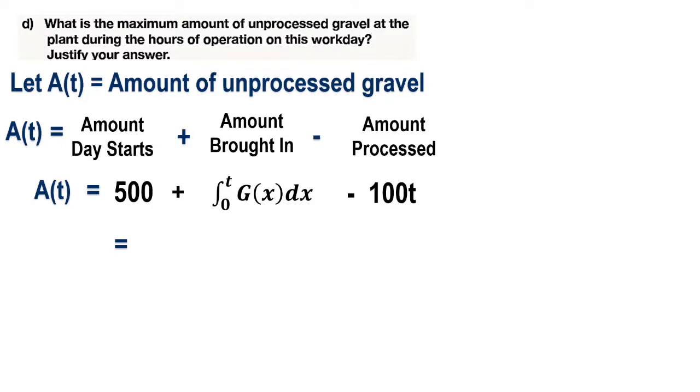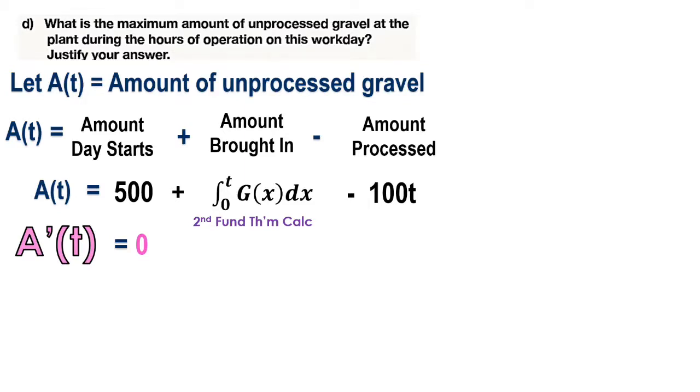Okay, so finding the derivative of 500 is just 0. The derivative of an integral, technically that is the second fundamental theorem of calculus. You substitute the upper bound, so that would be g of t, times the derivative of the upper bound, the derivative of t is 1, minus substitute the lower bound 0, so that's g of 0, times the derivative of the lower bound, but the derivative of 0 is 0, so the back half is gone.